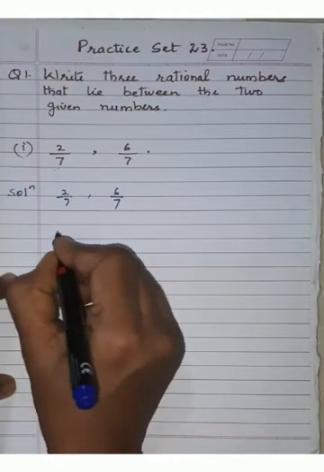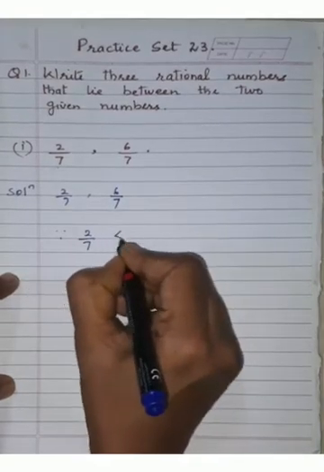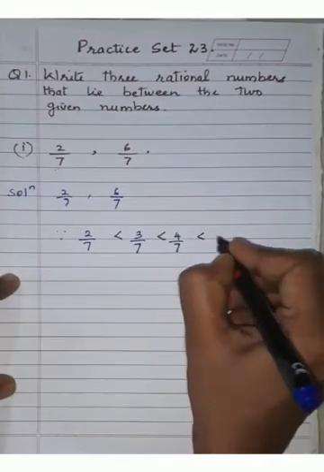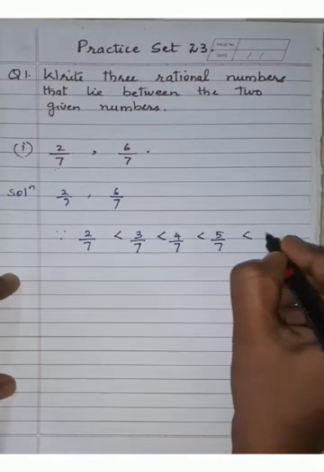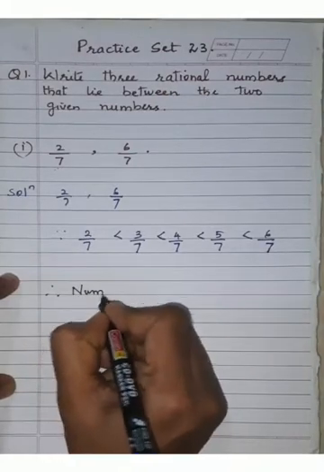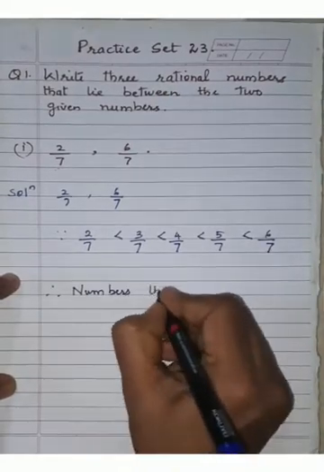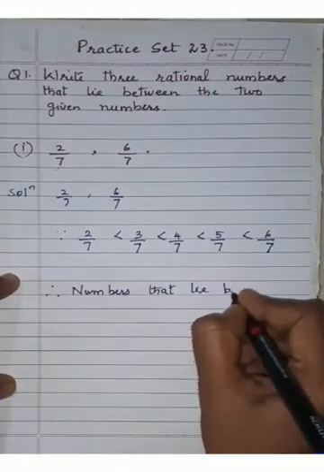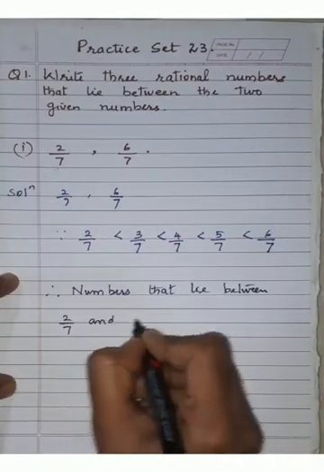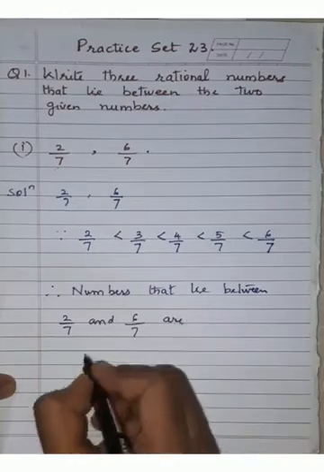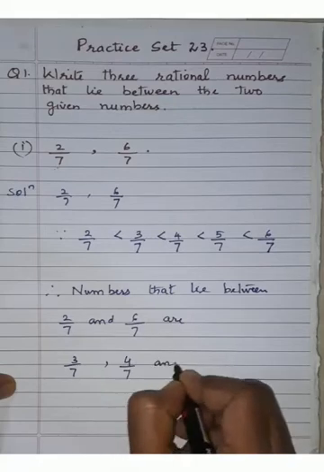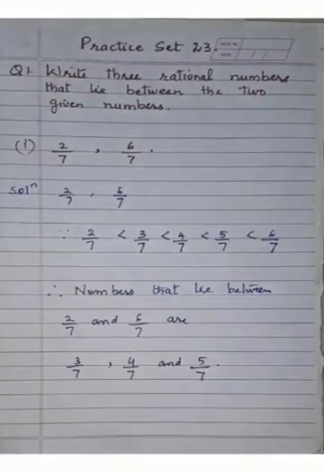Since 2 upon 7 is less than 3 upon 7, 3 upon 7 is less than 4 upon 7, 4 upon 7 is less than 5 upon 7, and 5 upon 7 is less than 6 upon 7, therefore the numbers that lie between 2 upon 7 and 6 upon 7 are 3 upon 7, 4 upon 7 and 5 upon 7.